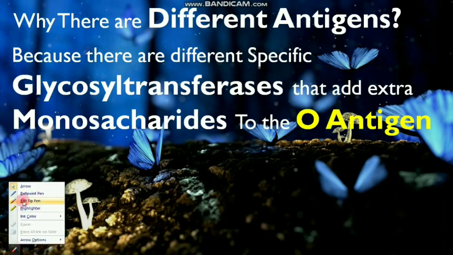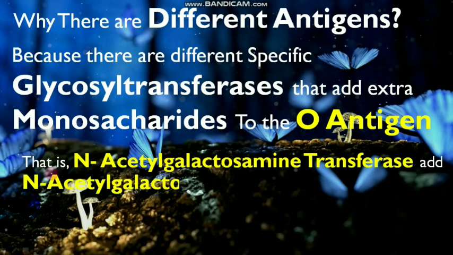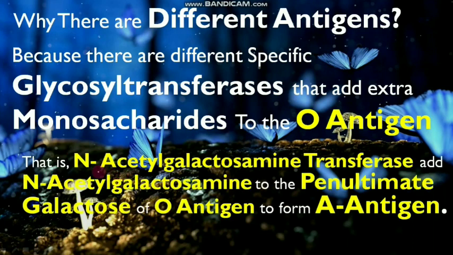For example, the type A individual will have a specific type A glycosyl transferase, which is N-Acetylgalactosamine transferase, that adds N-Acetylgalactosamine to the penultimate galactose of the O antigen.